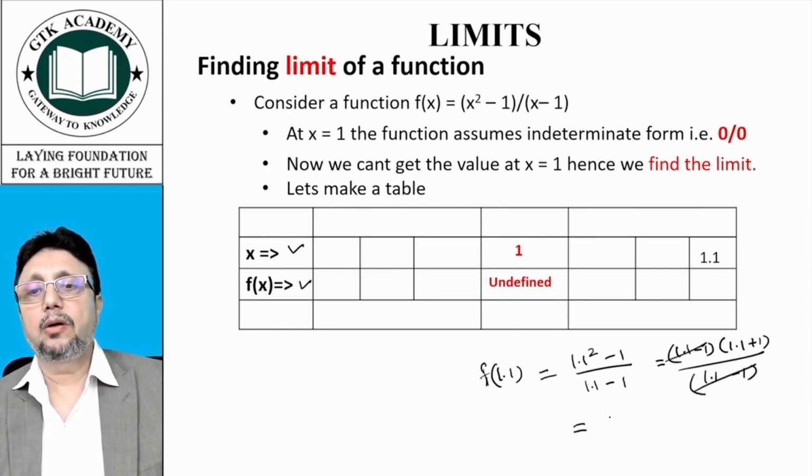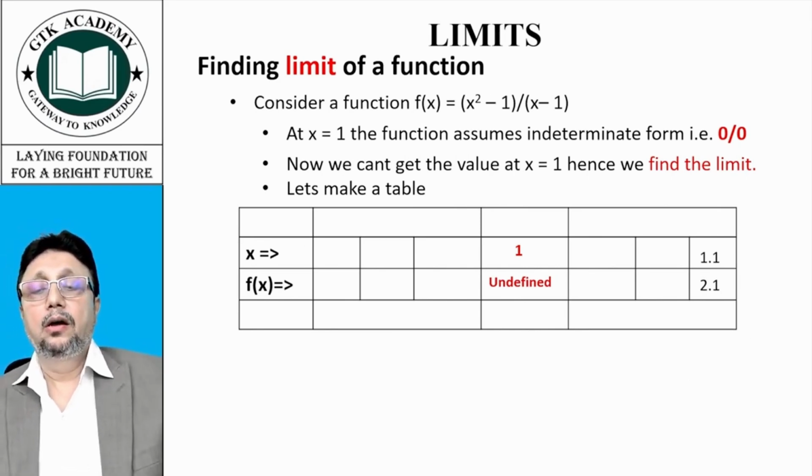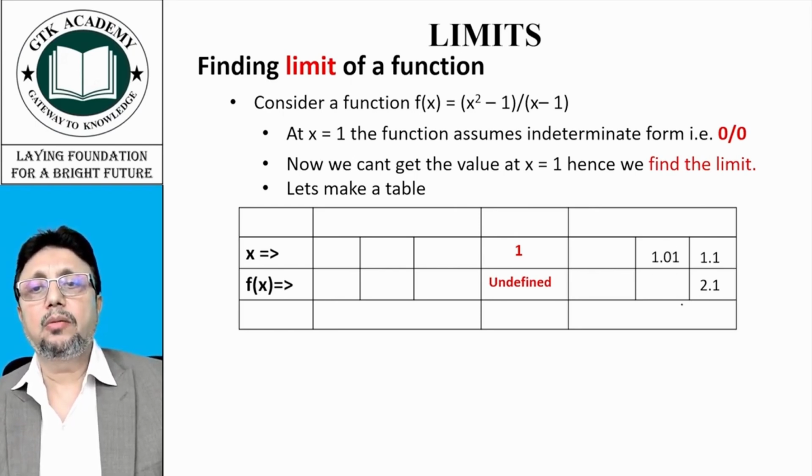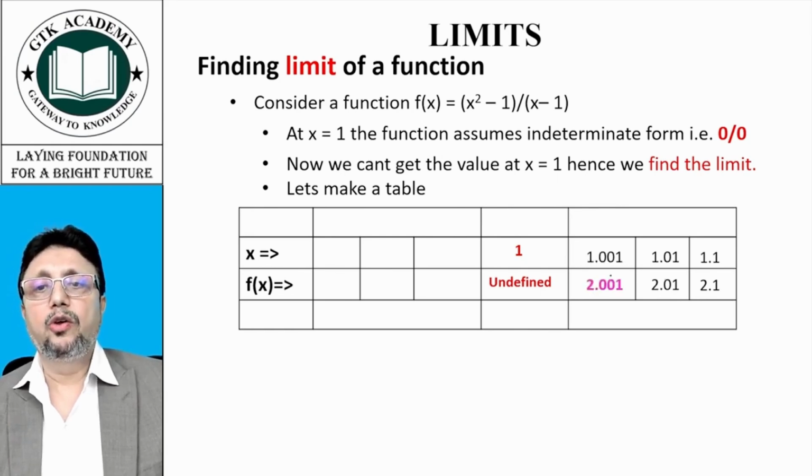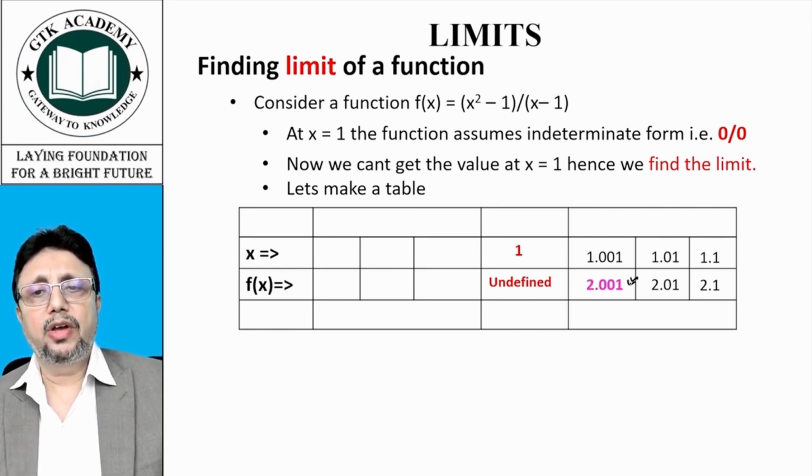So f(x) becomes 1.1 plus 1, which is equal to 2.1. We have written 2.1. Move a bit closer, say 1.01. You can easily see that the value will come as 2.01. Move a bit closer to 1.001. The value will come as 2.001. These are only 3 values of x we have taken. We can take many values.